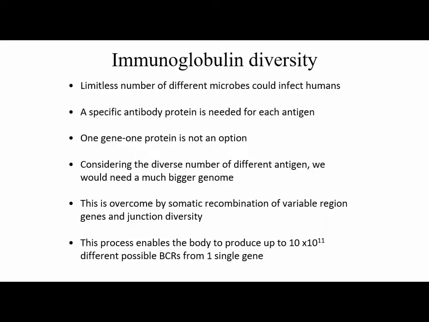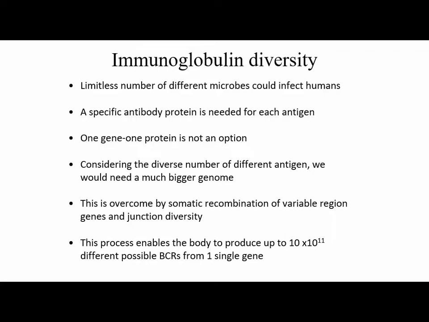Okay? So considering the diverse range of antigens that we're exposed to, the concept that we'd have one gene to respond against one pathogen is not possible. So the way the body overcomes this is through the process of somatic recombination of the variable region of the B cell receptor, okay?